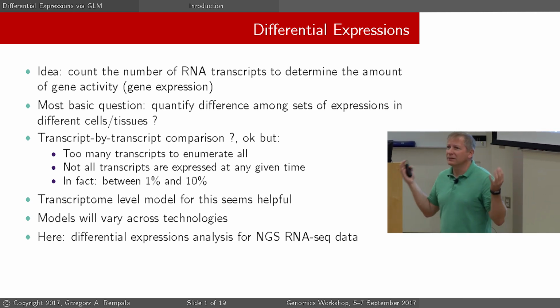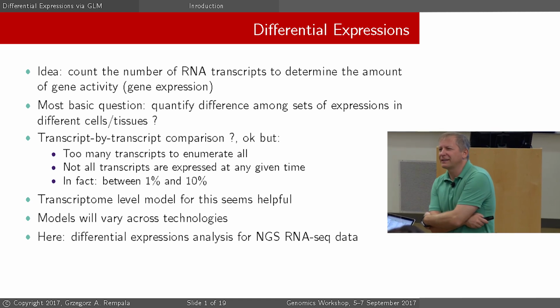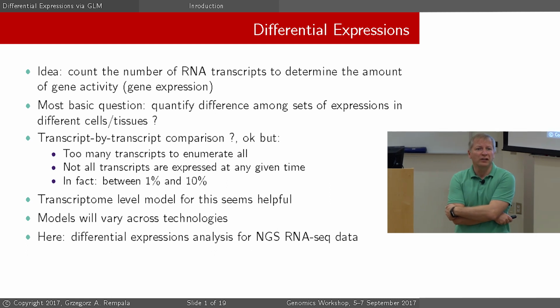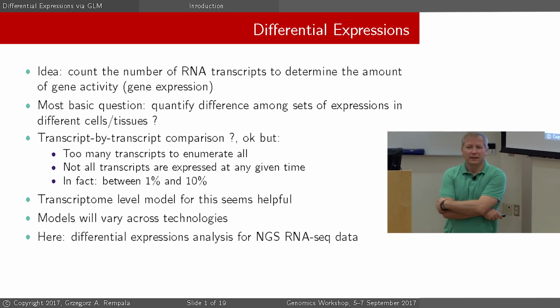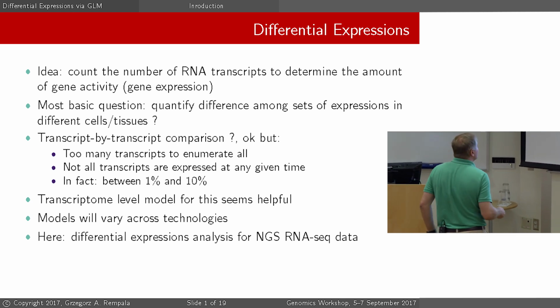So the underlying assumption in most of the statistical models related to genomics is that there is, at any given time, only a relatively small number of genes or transcripts in general that have been expressed, meaning that they have large abundance. Okay?